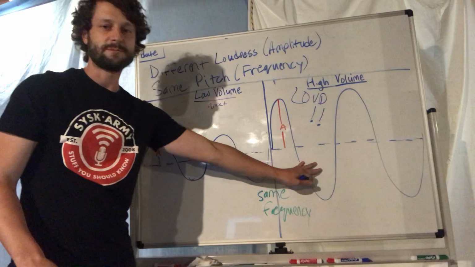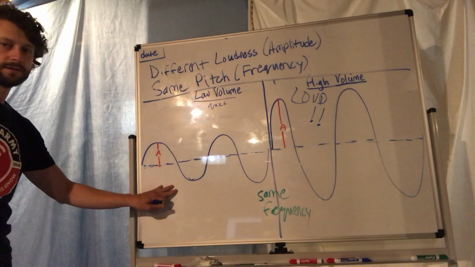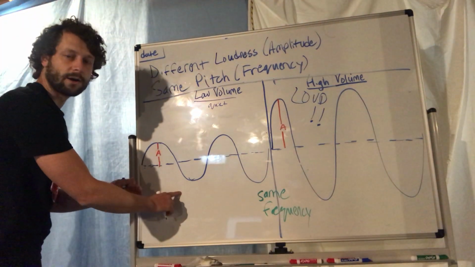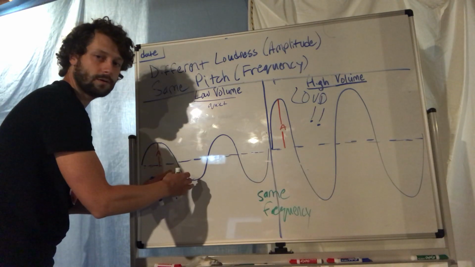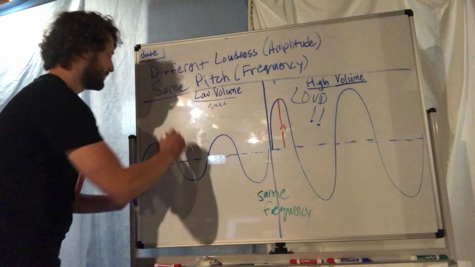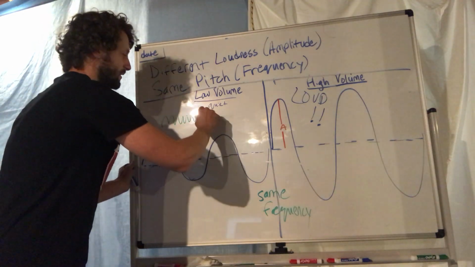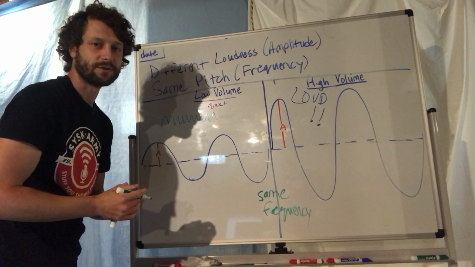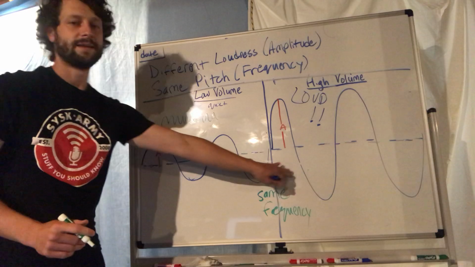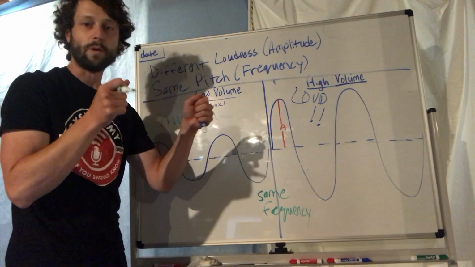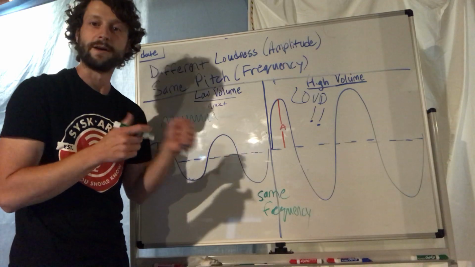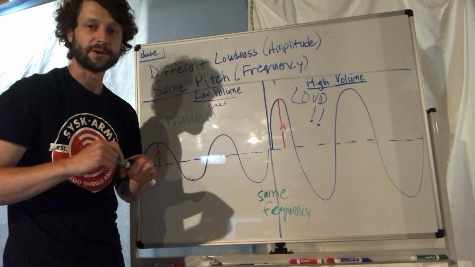This going to this picture would get higher pitched if we squished it like that and made something like that. You don't need to draw this. That would be very high pitch, okay? But this did not do that. It had the same wavelength, the same length from one wave to the other, so it had the same frequency as well.